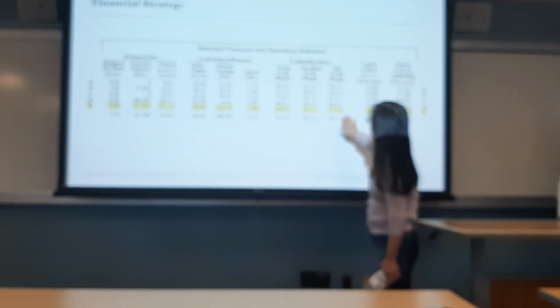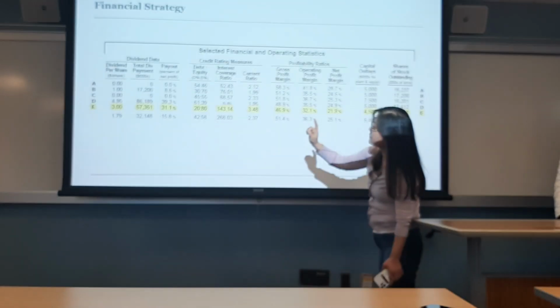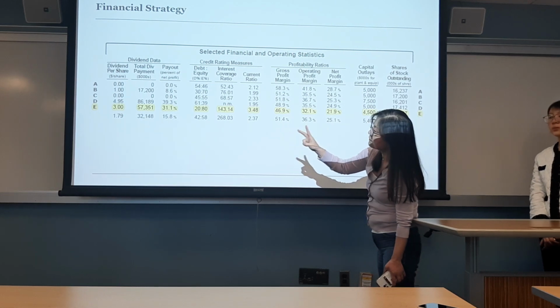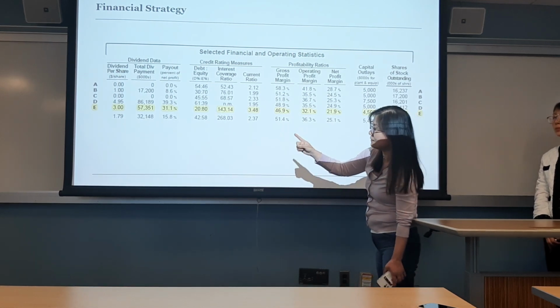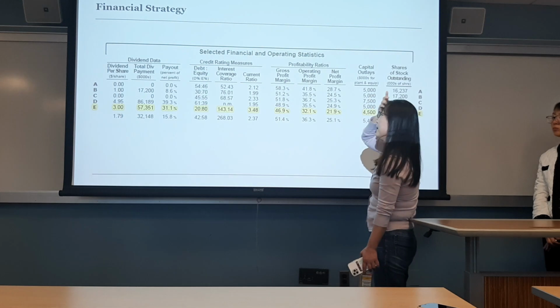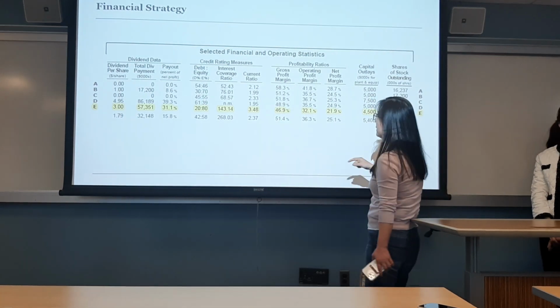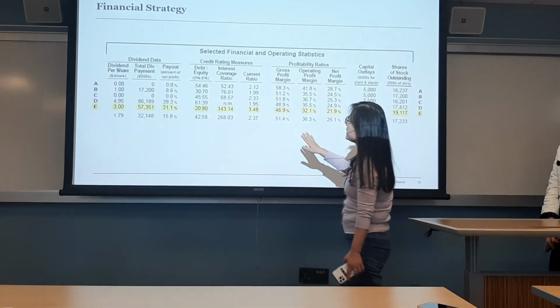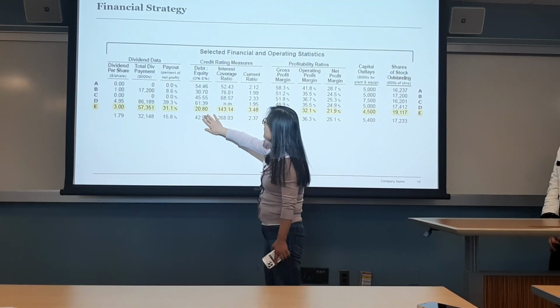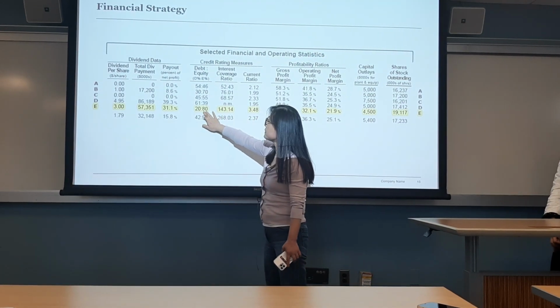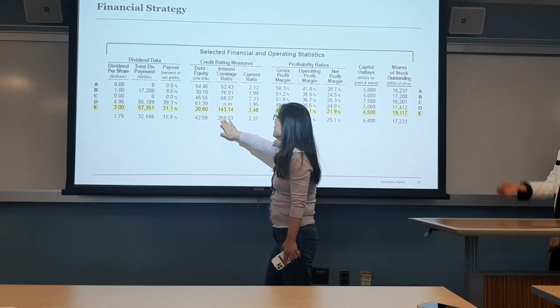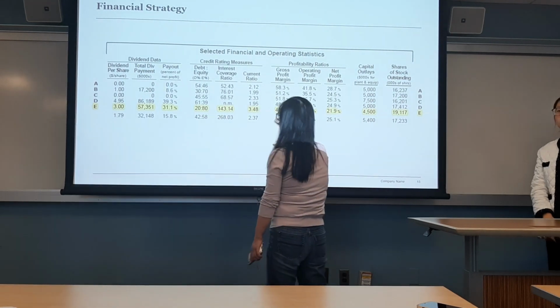Here's some financial data. You can see this one highlighted. We are one of two that give the dividend, and we started from year 10, right? We always keep the debt equity ratio pretty good, 20 debt, 80 equity.